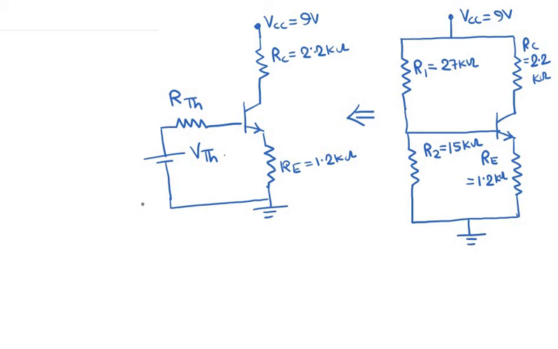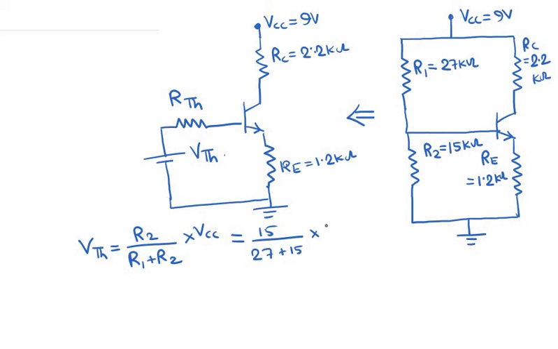Okay, and we have analyzed the formulas for VTH and RTH earlier. VTH is basically equal to R2 divided by R1 plus R2 into VCC, which is 15 divided by 27 plus 15 into 9 volts, and this gives me 3.214 volts.